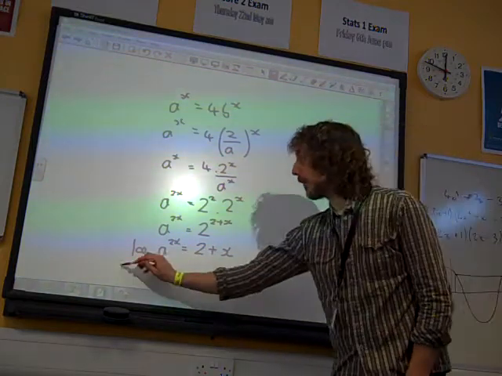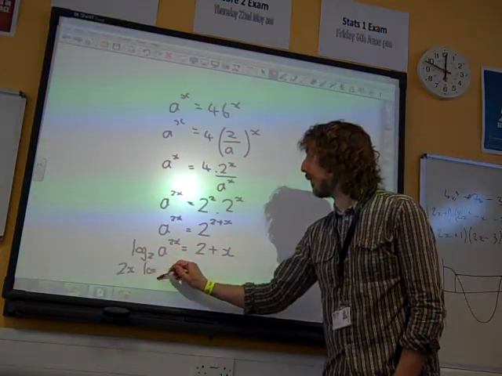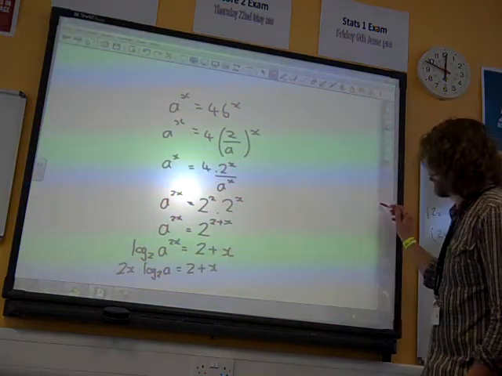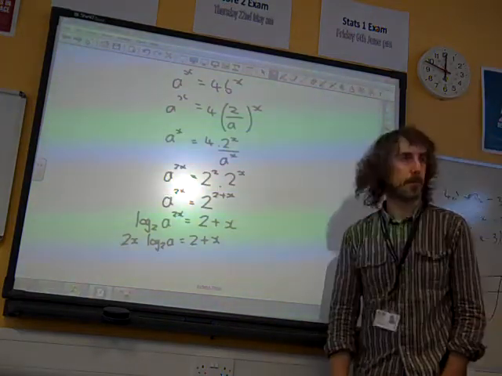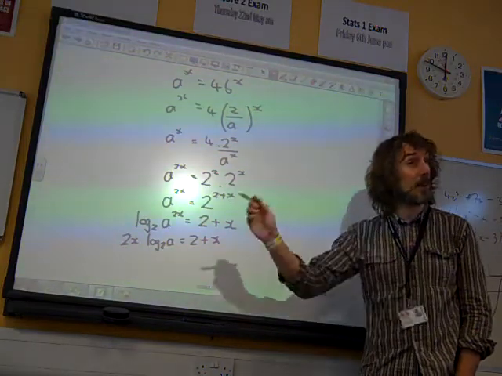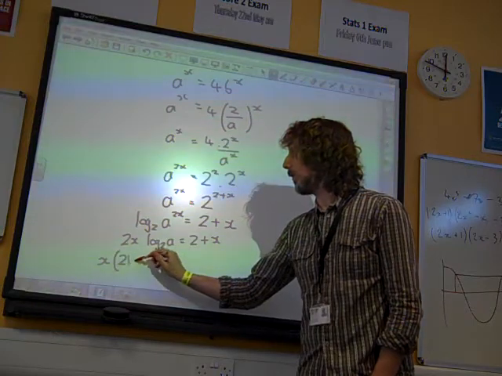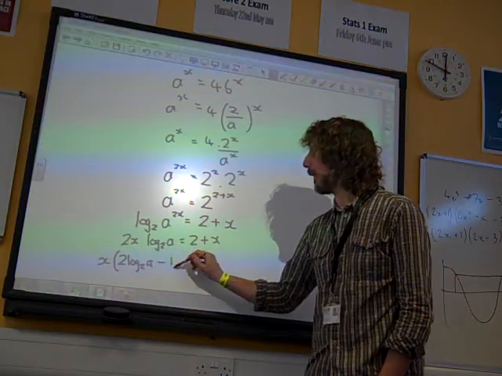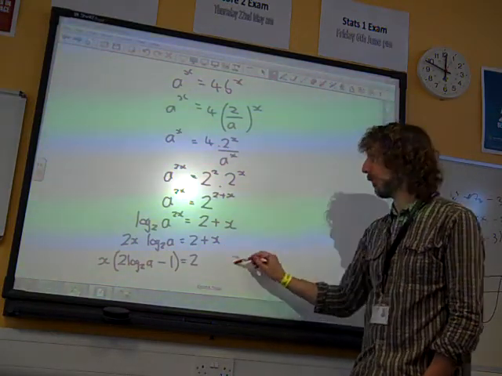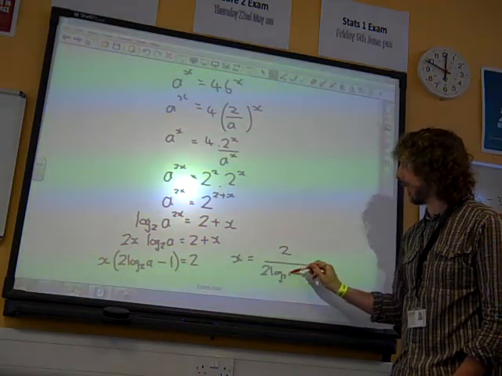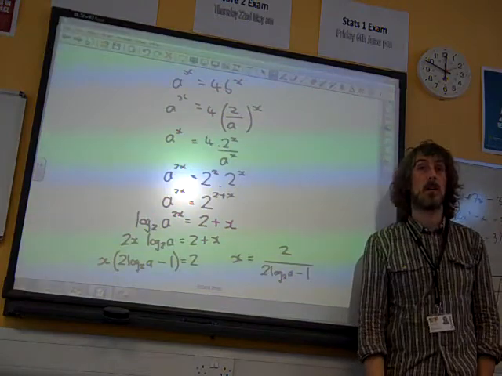So 2x times log base 2 of a is 2 plus x. If I bring the x's over to the same side, I've got x brackets 2 log base 2 of a minus 1 equals 2. So x equals 2 over 2 log base 2 of a minus 1.